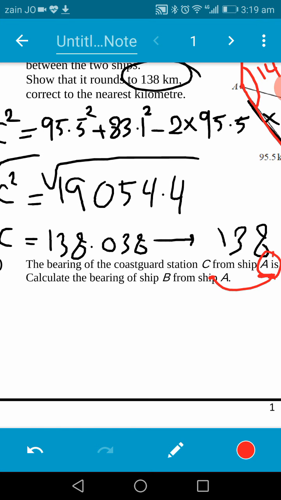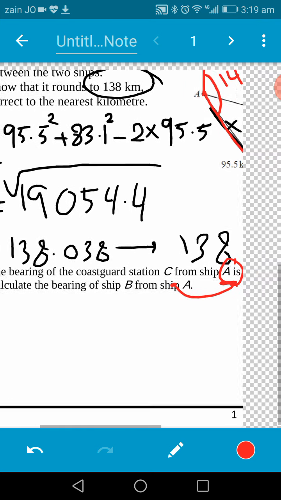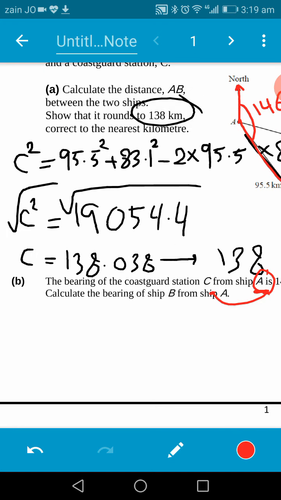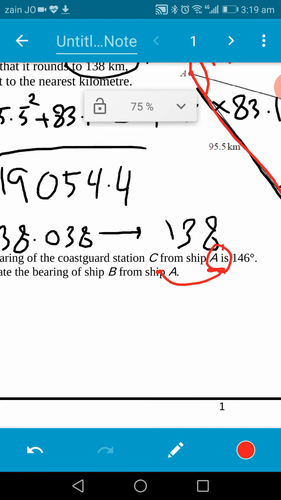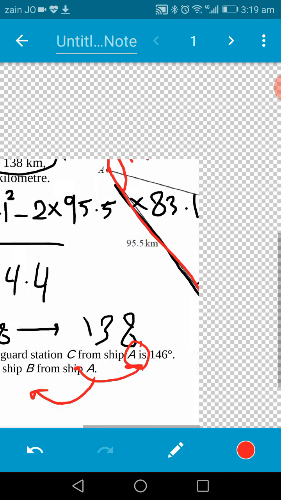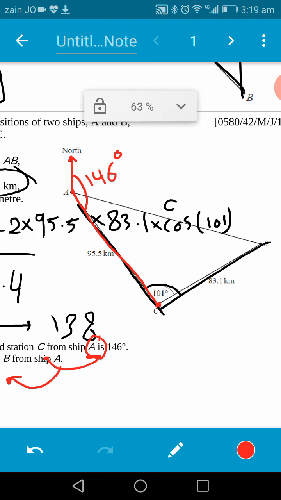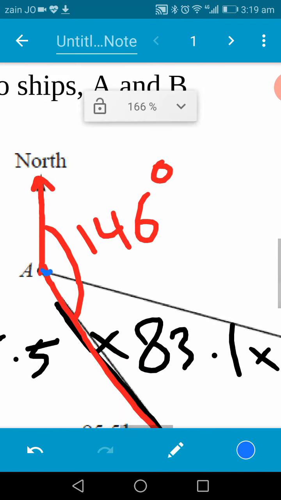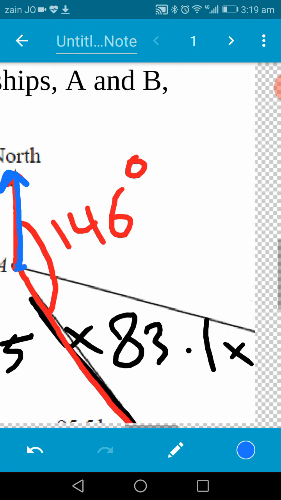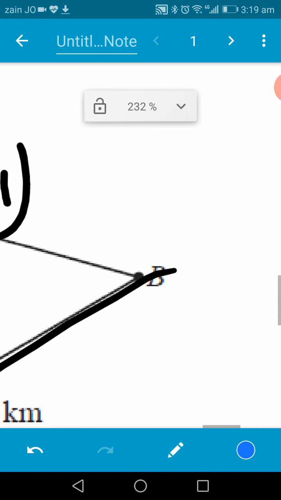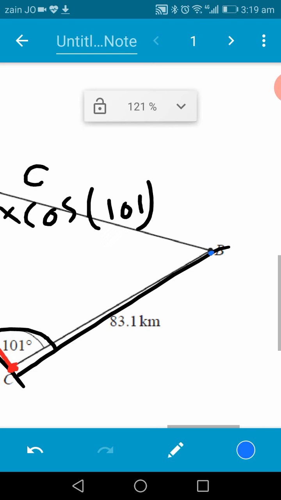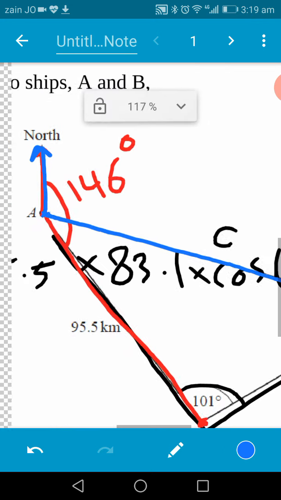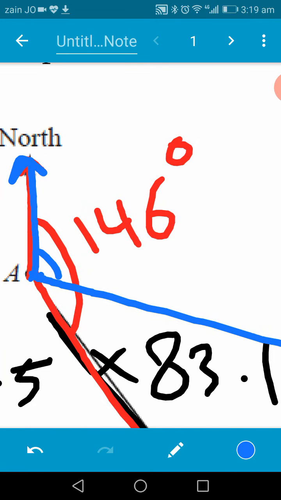Calculate the bearing of ship B from ship A. We need to find the bearing of ship B from A, meaning from A to B, right? From A to B. So we bring A here, and this is the north. Where is B? Here is B, see it? So we need, teacher, to find this angle. We need this one.